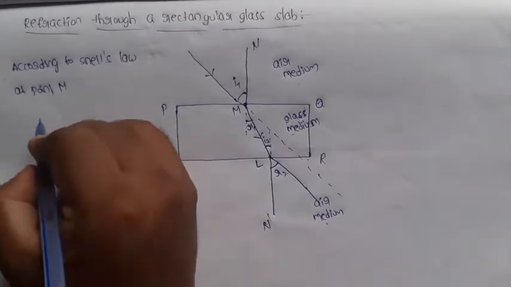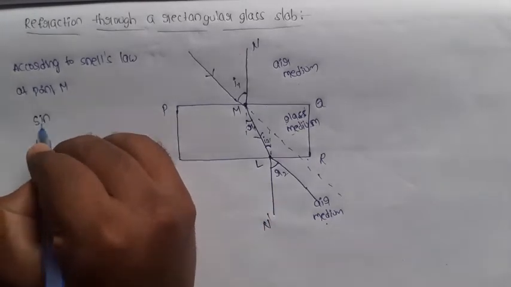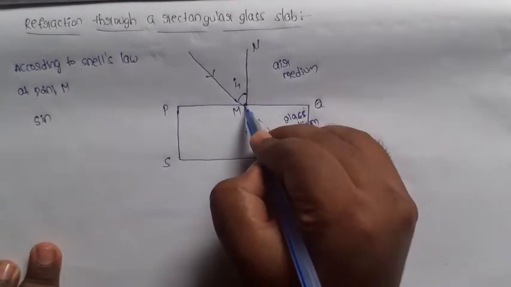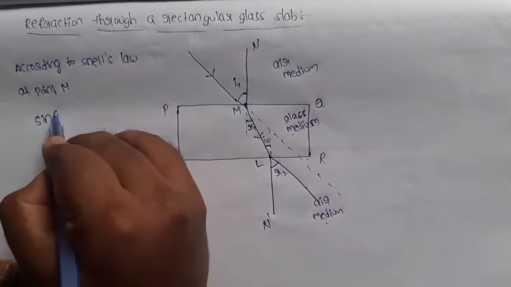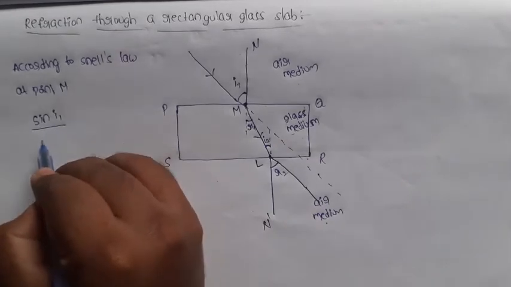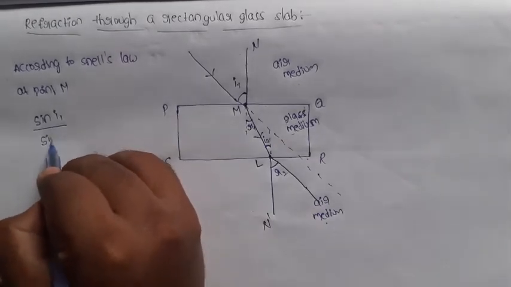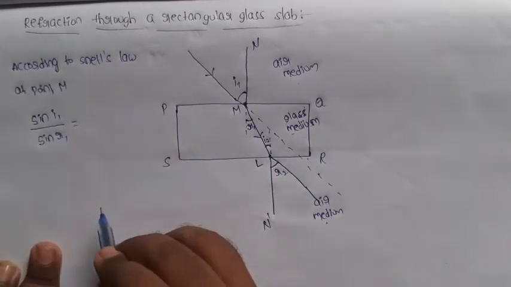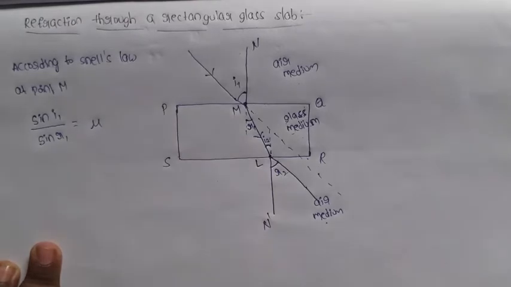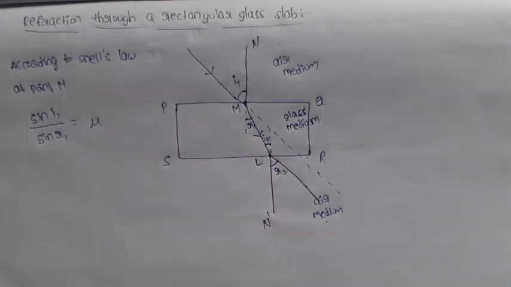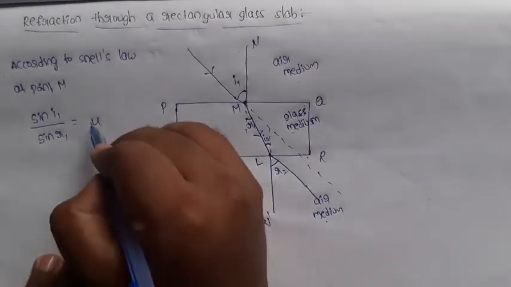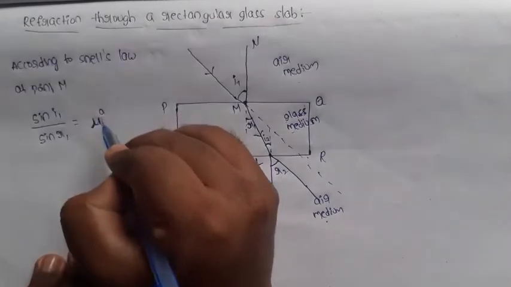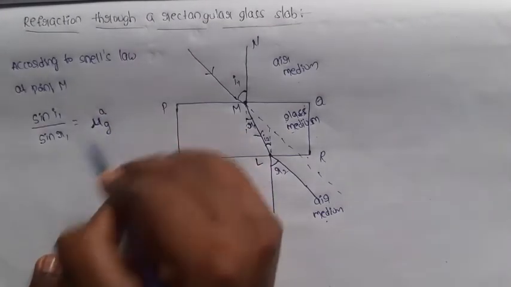The ratio of sine of the incident angle at point M, the incident angle is I1, by sine of the refracted angle R1, is equal to the refractive index mu. The refractive index from air medium to glass medium. So I am writing it as mu, air medium to glass medium.